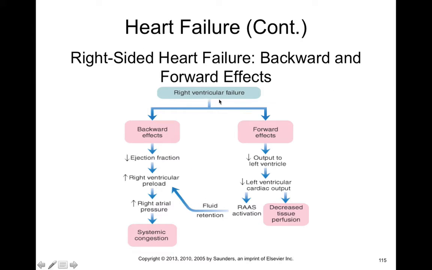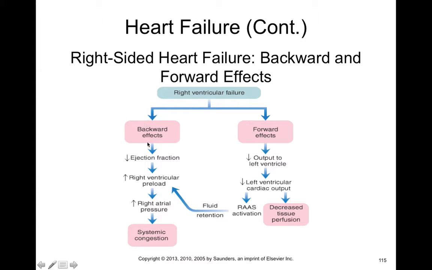So looking at right ventricular failure or right-sided heart failure, the forward effects here would be we'd have a decrease in output to the lungs, which is also a decrease in output to the left ventricle, which means that we have decreases in left ventricular cardiac output and a decrease in tissue perfusion throughout the body. And like left-sided heart failure, this also leads to a decrease in blood pressure, which then causes an activation of the RAAS by the kidneys, causing fluid retention, which also leads to right ventricular preload.